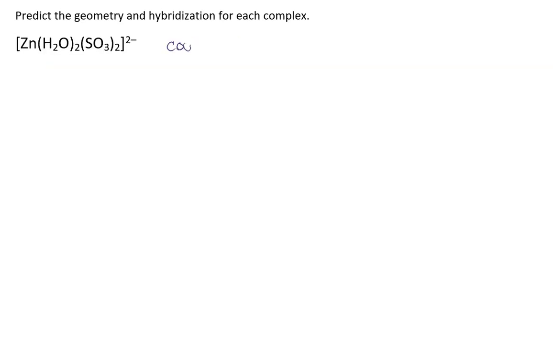Our next example had a coordination number of 4. Remember, we have 2 options when the coordination number is 4. We might have tetrahedral or square planar. Now, sometimes a question will ask, what are all the possibilities? And in that case, we would say, these are the possibilities, tetrahedral or square planar.